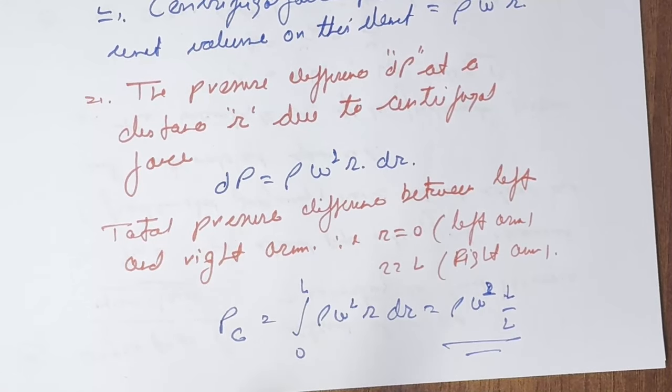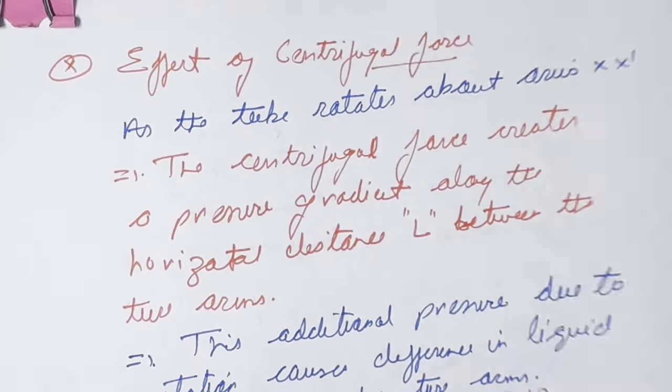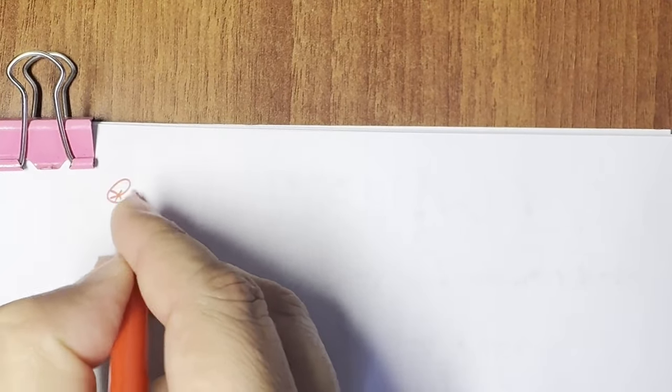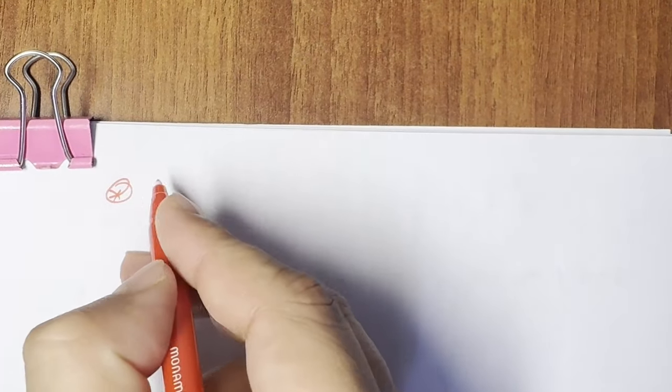So we have 3 pressures now. One is the pressure because of the left arm, another is the pressure because of the right arm, and the third is the pressure that is being created because of the centrifugal force. Now the entire system is said to be in equilibrium. So we are interested in the pressure balance equation.